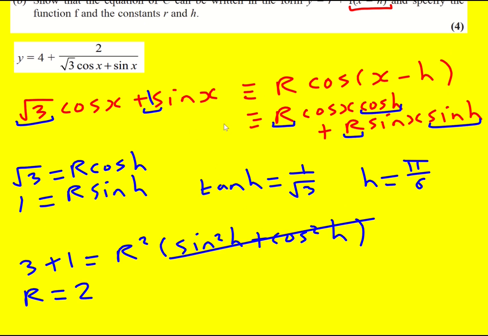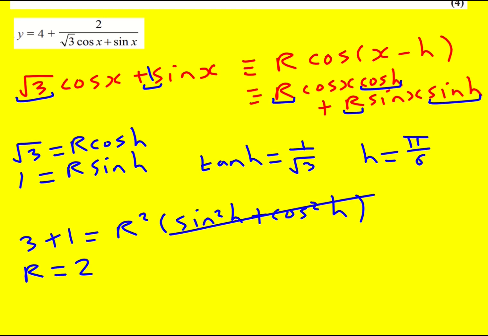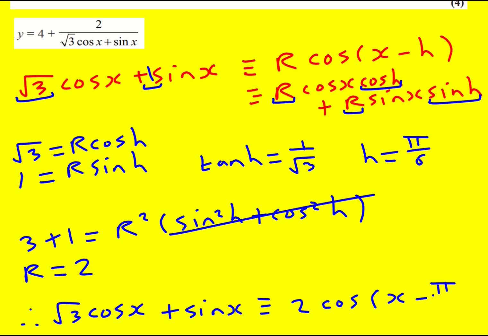I think we always take the positive, essentially. And that means that root 3 cos x plus sine x is identical to 2 cos x minus pi over 6.